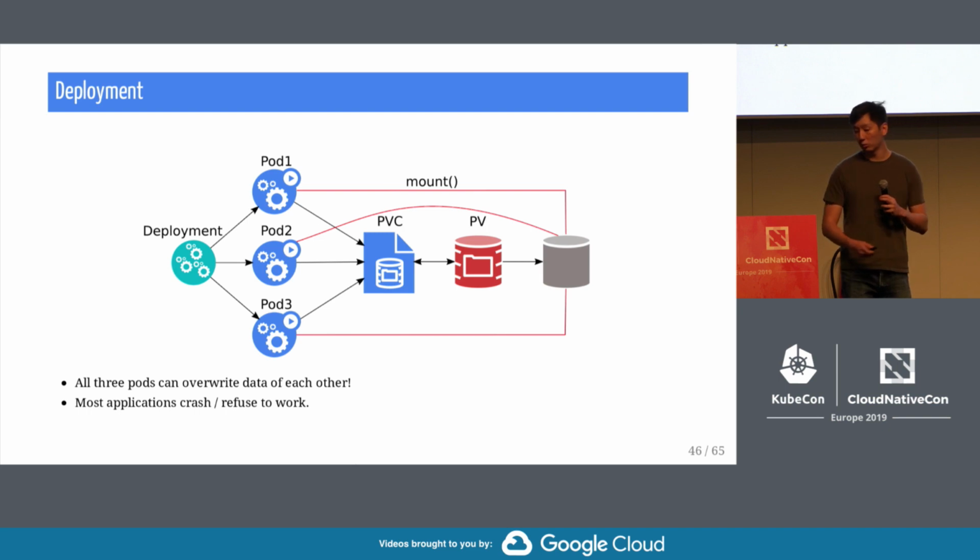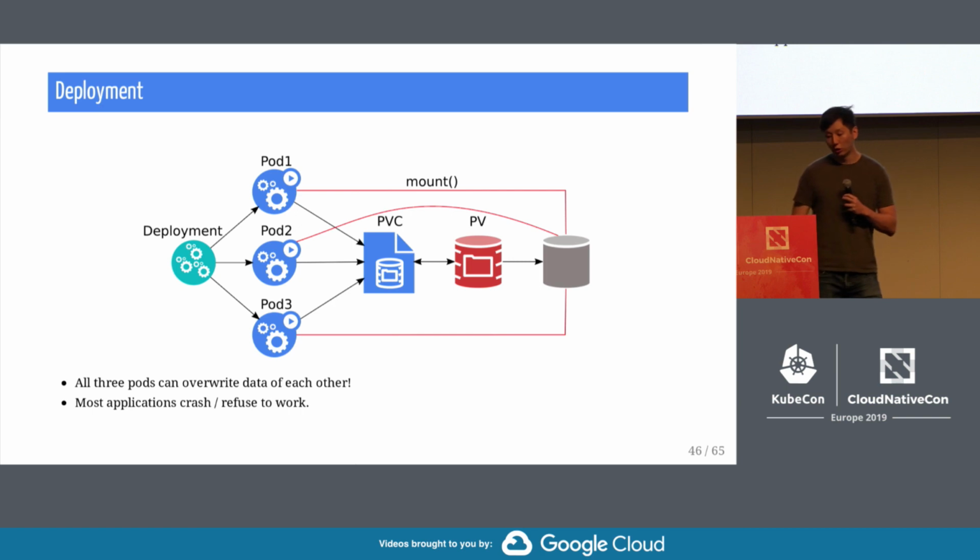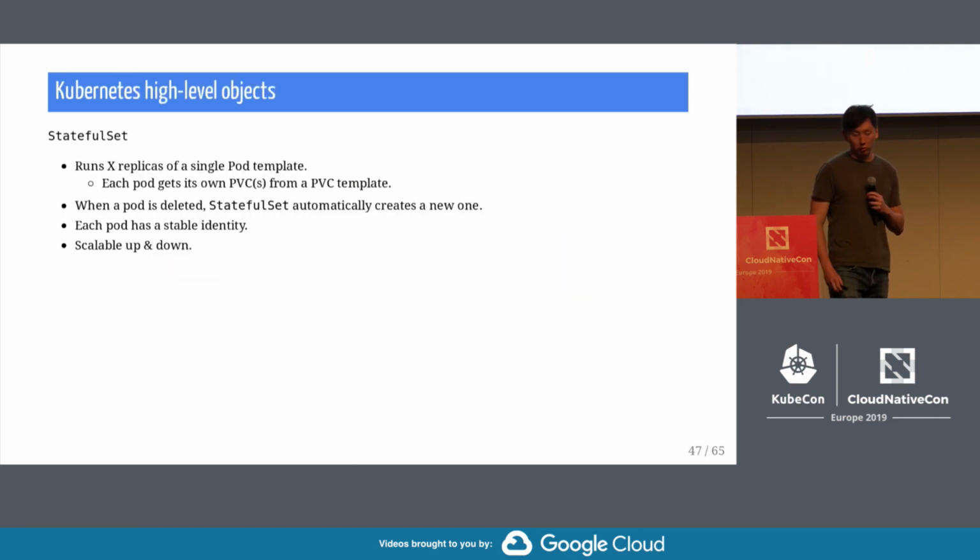There are a lot of cases where if your volume is read-write once, your pods will not actually come up on a second node or a third node because you can only attach them to 1 node. So you could have a lot of issues with a deployment like this while using stateful volumes. But there is probably a case where you do want this, and you have to be aware that this is exactly what's happening, right?